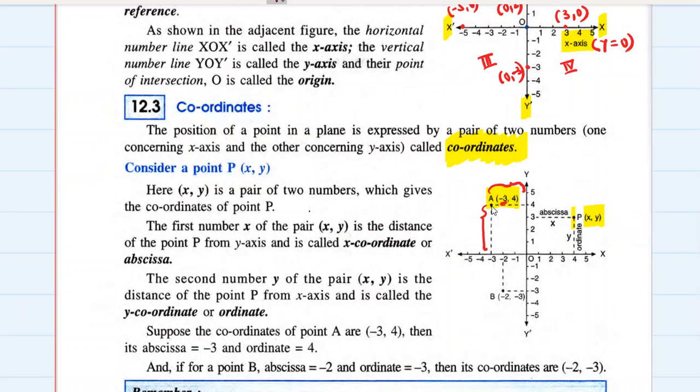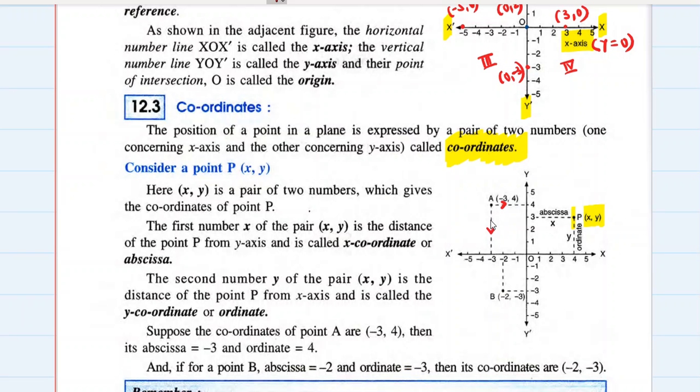So how far is this point A from the x axis? It is 4 units away, above the origin. That's why the y coordinate is 4. You can also join this point to the x and y axes with perpendicular lines, like I'll show you over here. You draw a horizontal line and a vertical line.